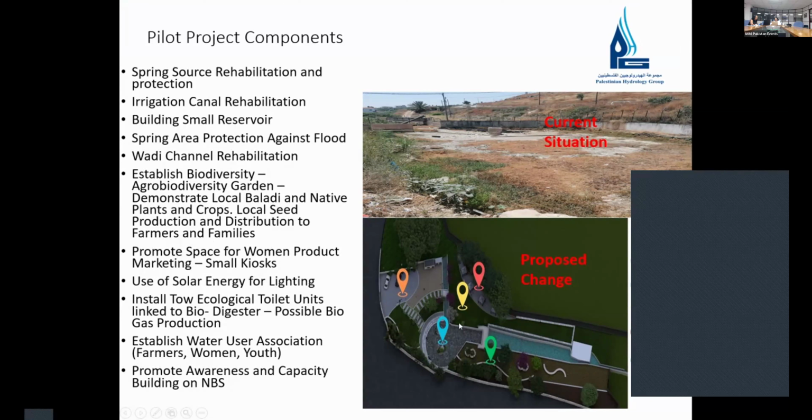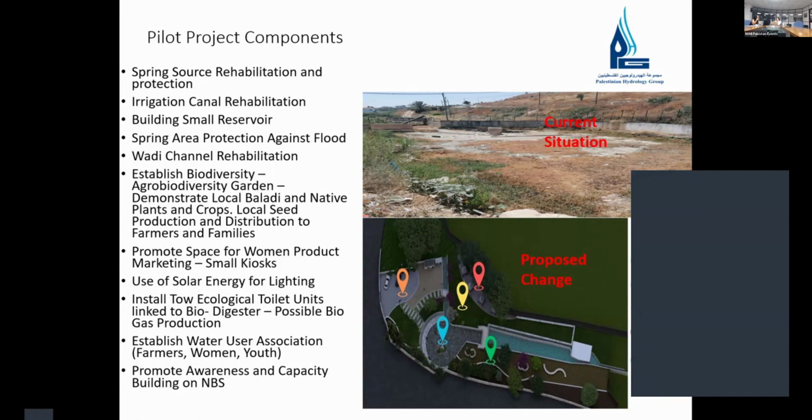In addition to that, we are creating what we call a biodiversity garden, an agro-biodiversity garden, which is in this part here. This biodiversity garden will be utilized to allow people to understand their native species and native plants, and to preserve these plants in this area, educate, and make people more aware of biodiversity in this area.